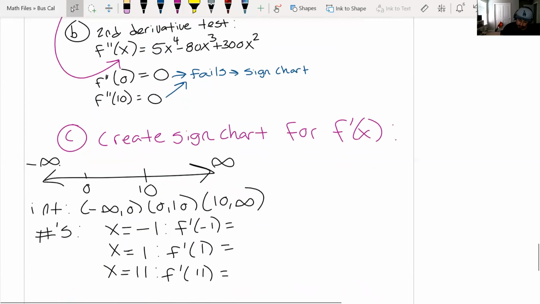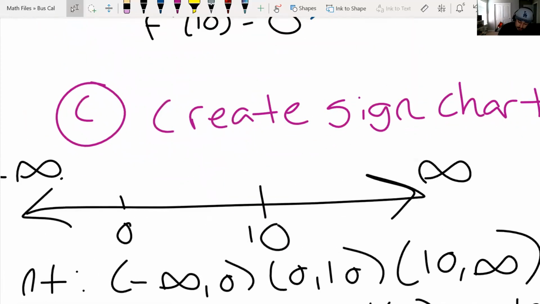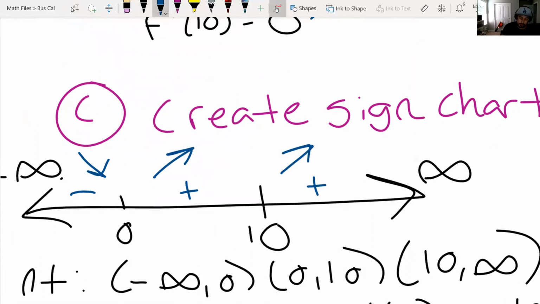Okay, come down here. -1 gives me -121. 1 gives me 81, and 11 gives me 1331. Okay. So negative, positive, positive. So looking at this, we are negative, positive, positive. This means we decrease, increase, increase.